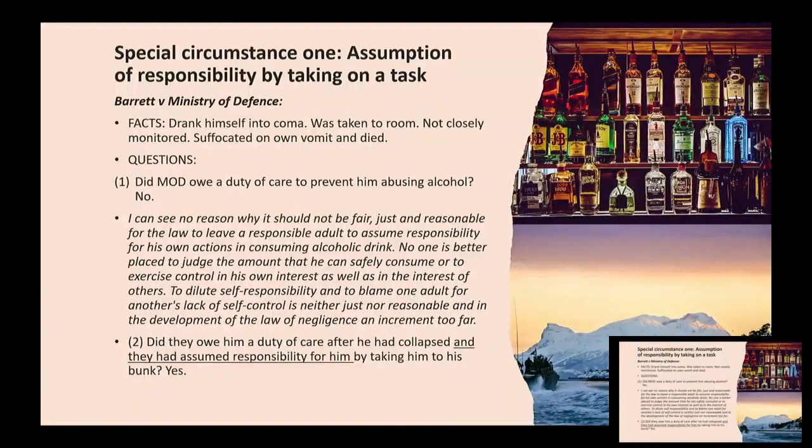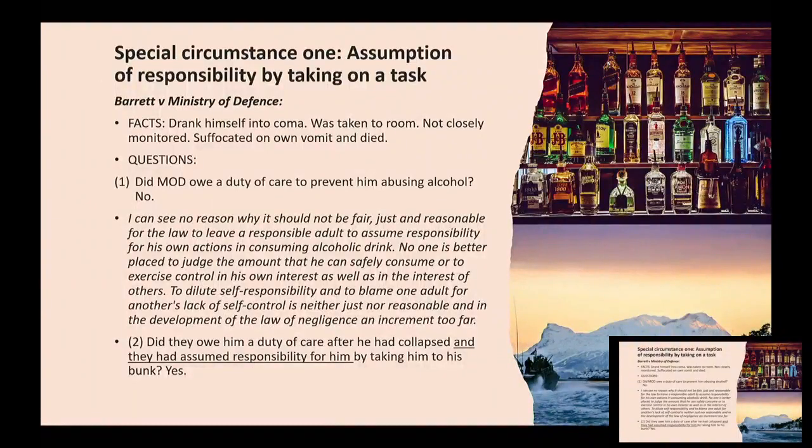No one is better placed to judge the amount that he can safely consume or to exercise control in his own interest as well as in the interest of others. To dilute self-responsibility and to blame one adult for another's lack of self-control is neither just nor reasonable, and in the development of the law of negligence an increment too far.